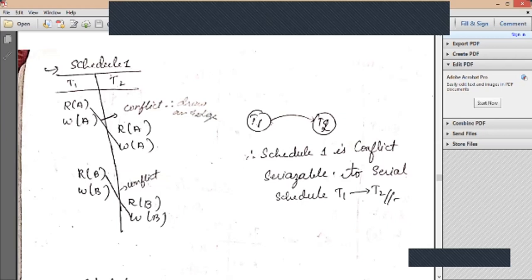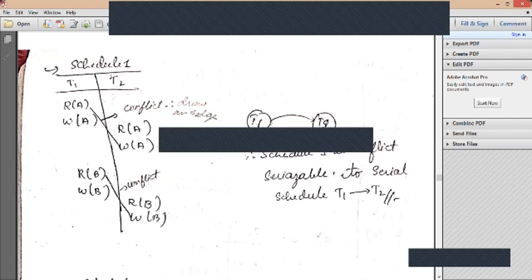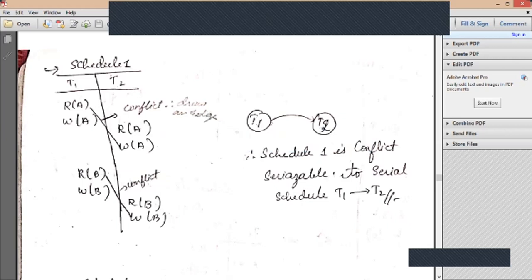Same thing with R(B): in T1 we are reading the B value and writing the B value, after that we read the B value in T2, then write the B value in T2. That is, first T1, then T2, T1 followed by T2.